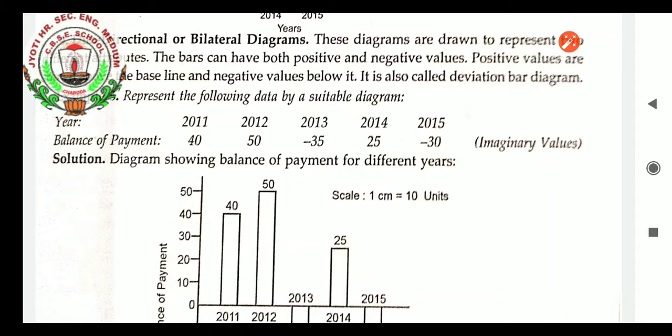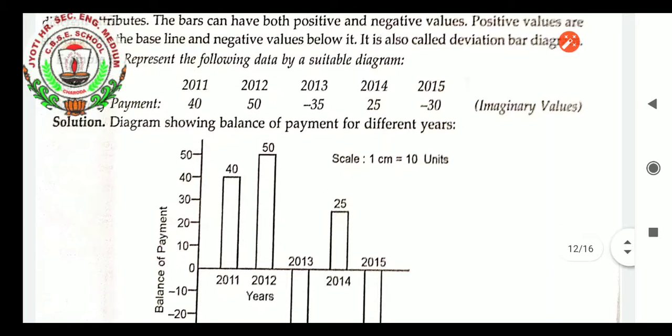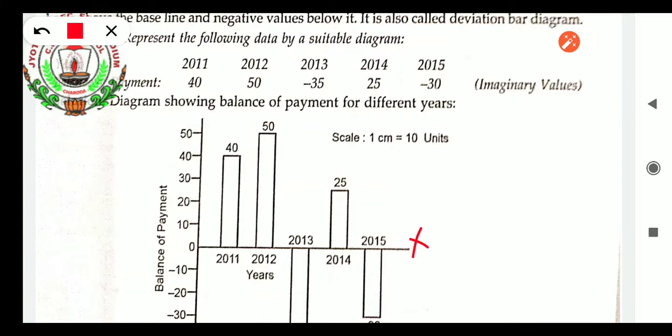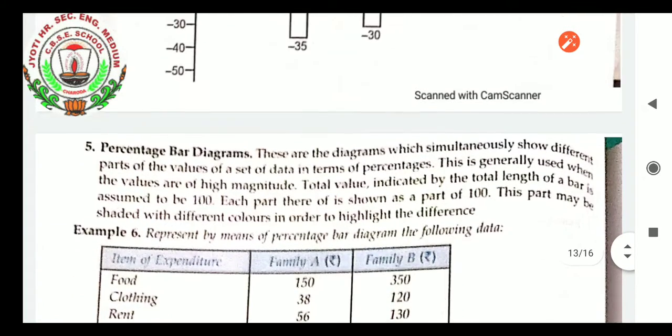For 2010, 11, 12, 13: 2011 and 12 data will be above the X-axis. This is the X-axis, this is the Y-axis. Above the X-axis are 2011-12. 2013 is negative, so it will be down, 2014 is positive, so it is on the top, and 2015 is again down. So this way of presenting data is known as duodirectional.